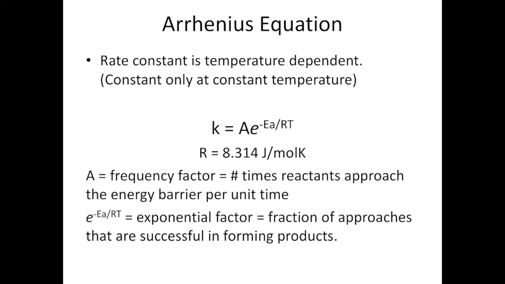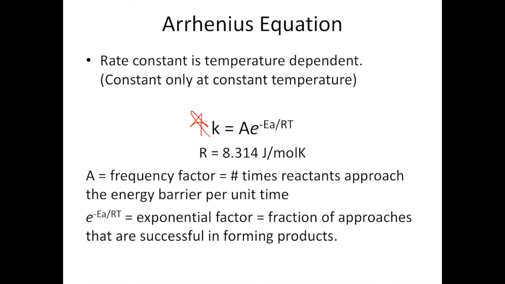Usually it will increase. And so the Arrhenius equation just kind of relates all of these different parameters to your rate constant. We're not going to really have to use this, but this is the relationship. A is what we call a frequency factor, which is essentially the number of times the reactants approach the energy barrier per unit time. So it's saying this is how many times that these things bump into each other.